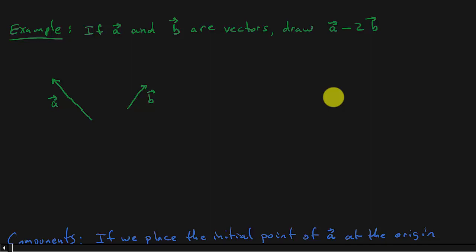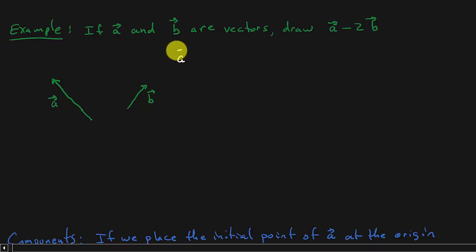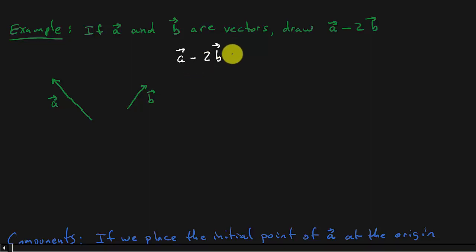The first thing is we have vector A minus 2 times vector B. Now, what I would suggest when you're drawing these things is to change this to an addition problem. So I would say this is vector A plus negative 2 times vector B. So we're going to be adding these two vectors.